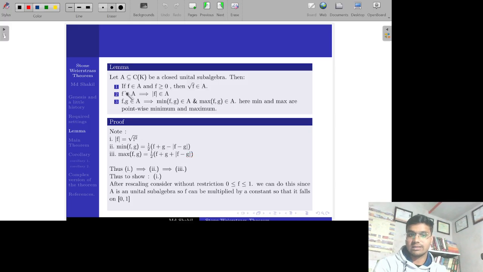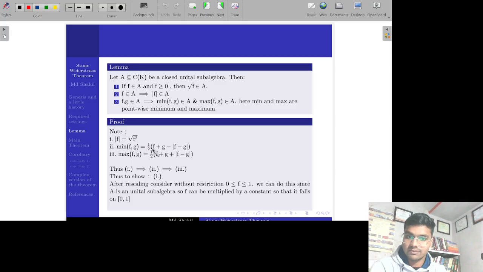So in this lemma, if we prove the first one, so if mod f will be in A, then we can say that this minimum of f and g is nothing but addition and subtraction of the elements of A itself, and multiplication by a scalar element.